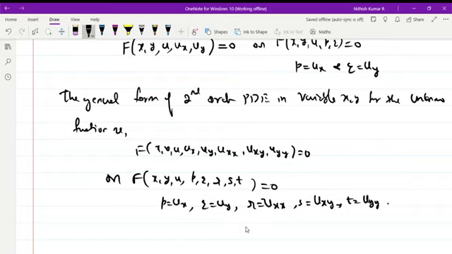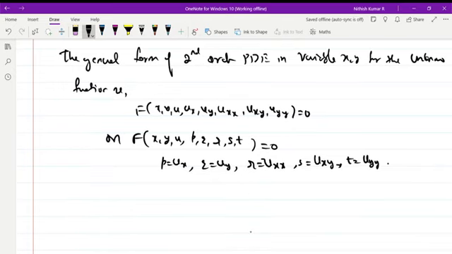So there are some categories of partial differential equation. There's linear and non-linear.